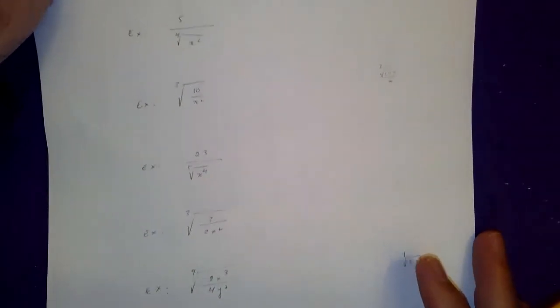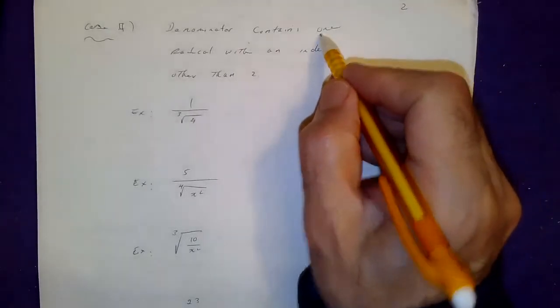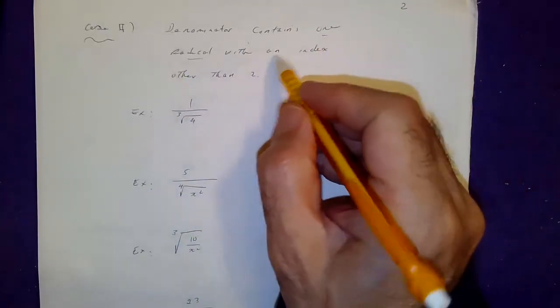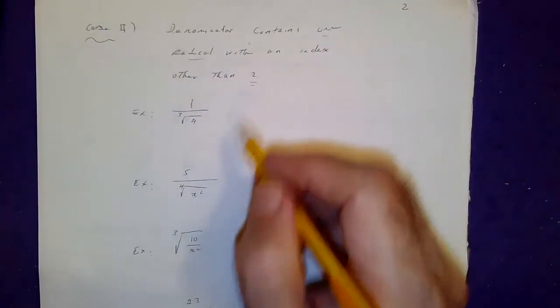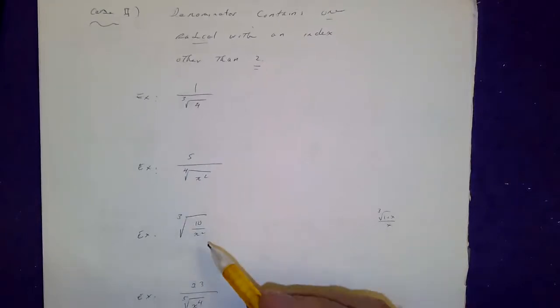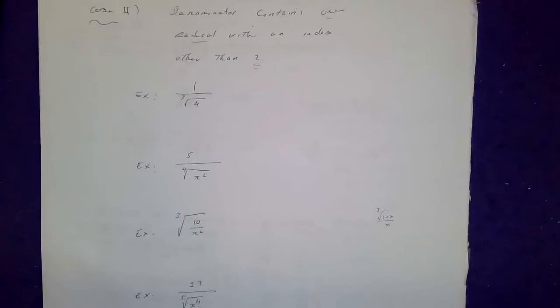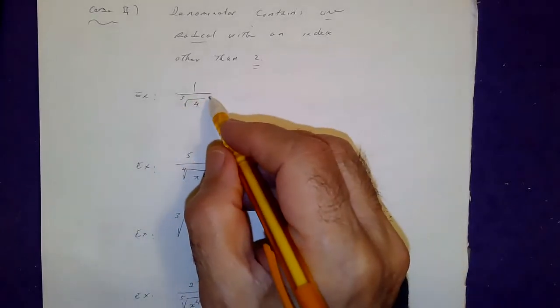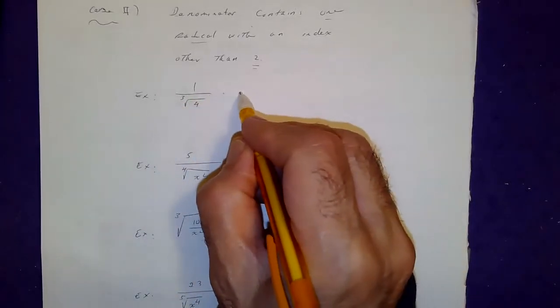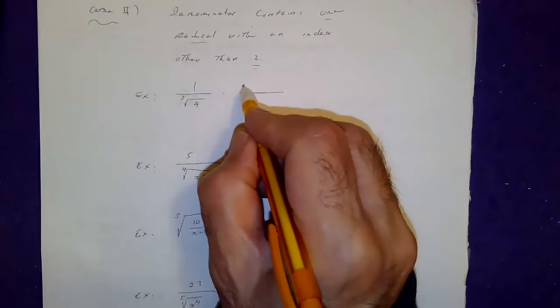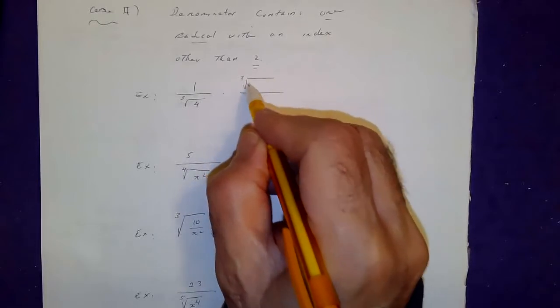Case 2. What if the denominator contains one radical, but with an index other than 2, like cube root, fourth root, and so on and so forth? So how would you do these kind of problems? Well, for these kind of problems, you just have to be creative and multiply top and bottom by what you need.